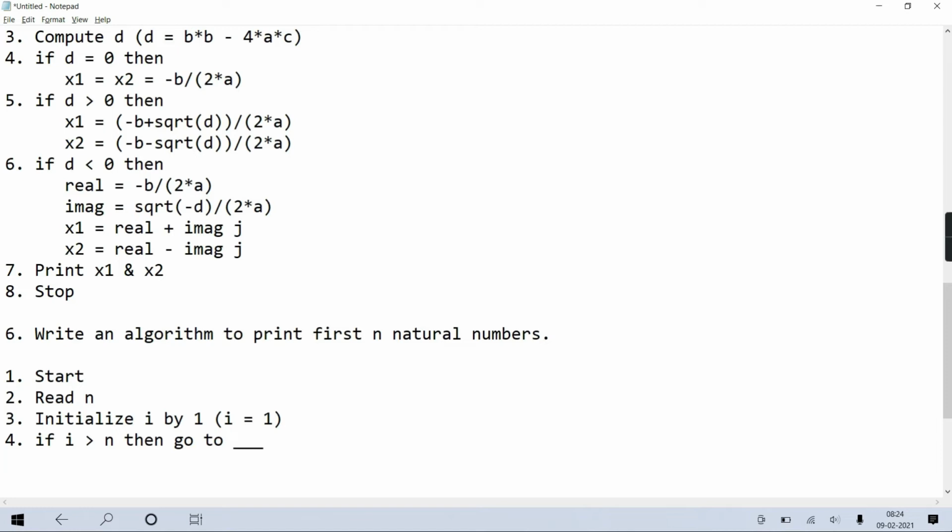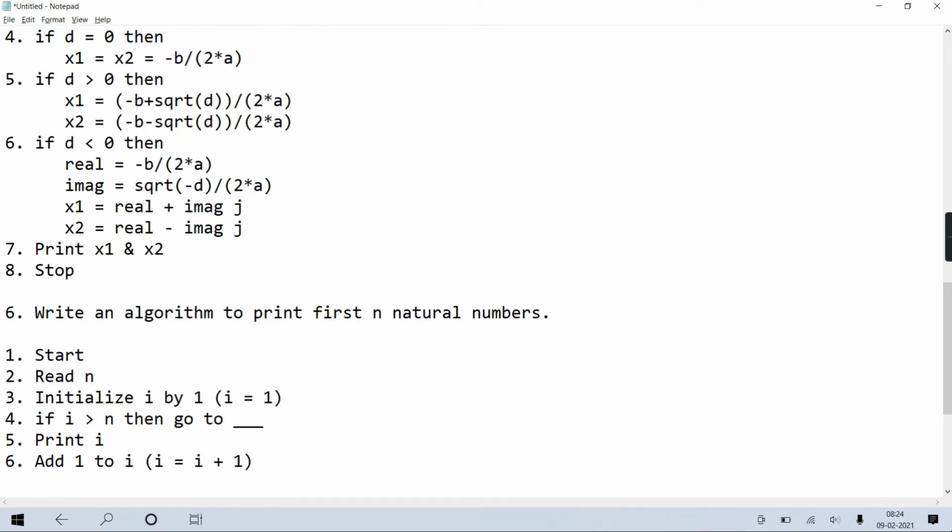But if I is not greater than n, then print I. Then add 1 to I, that is I equal to I plus 1. Some may just write I equal to I plus 1, meaning you're adding 1 to I and storing the result in I.